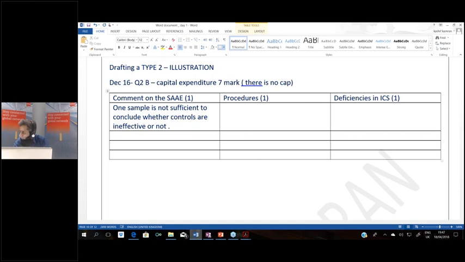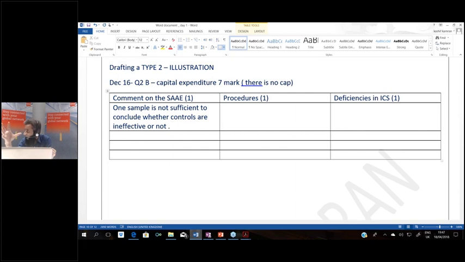So 1 mark. You can see the way to write it in my Word file. I'm just making a skeleton to show you the 7 marks here. The first line tells me that I took 1 sample, and on that 1 sample, I concluded that the controls are not effective. So 1 sample is not sufficient.